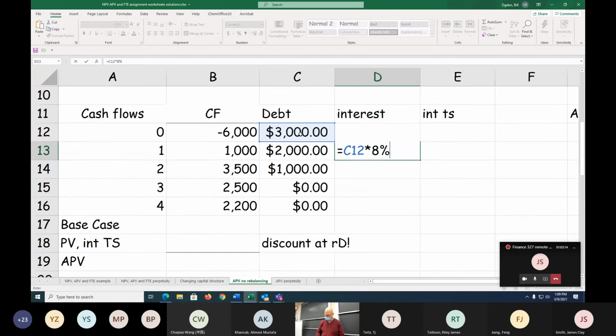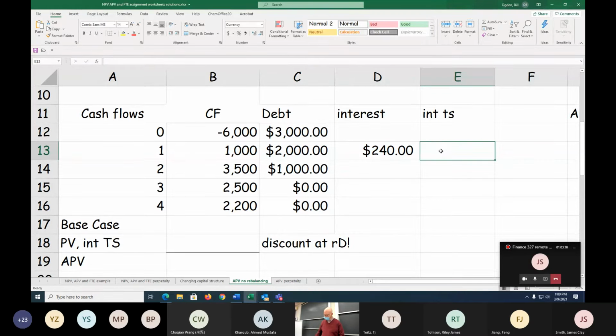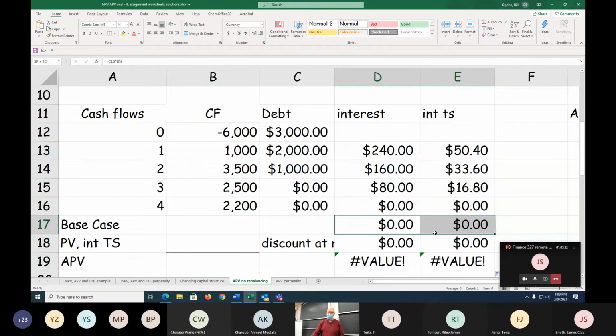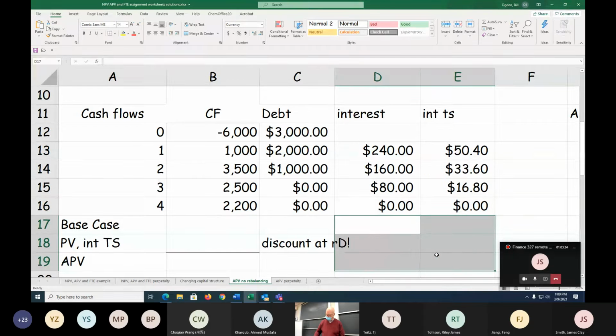All right, and it'll do the tax shield. All right, and then we'll just copy these down. Oh, a little further I need to go, wouldn't it? All right, let's get rid of the surplus. There we go.